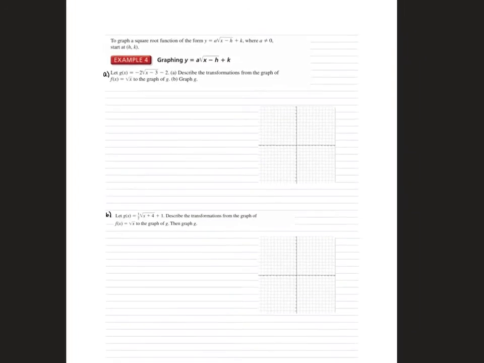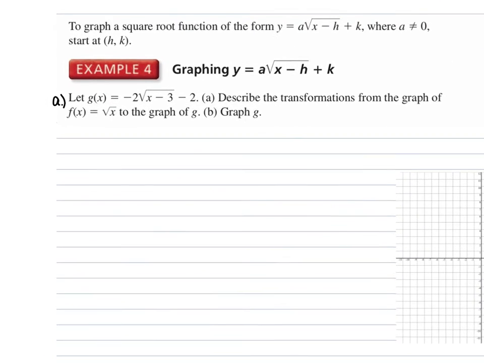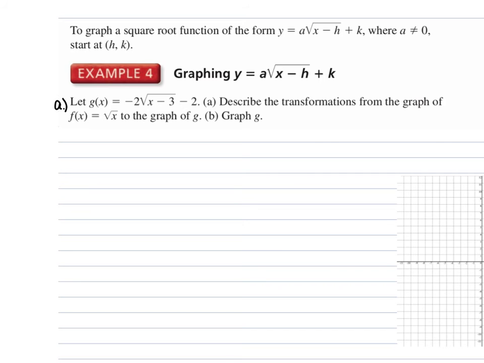For the next part of our lessons, we're taking multiple transformations within the same function and identifying all of the transformations. For example, for A, we are given g of x is equal to negative 2 square root x minus 3 minus 2. So I'm just going to rewrite this as g of x is equal to the negative 2 square root x minus 3 minus 2. All right, so first thing that we are going to look at is the negative.